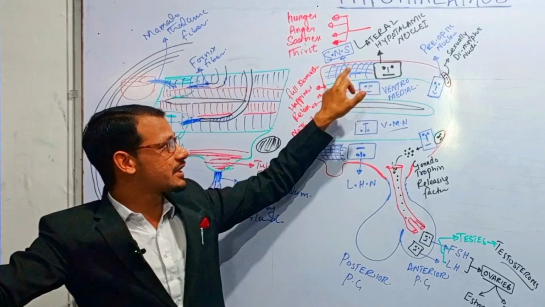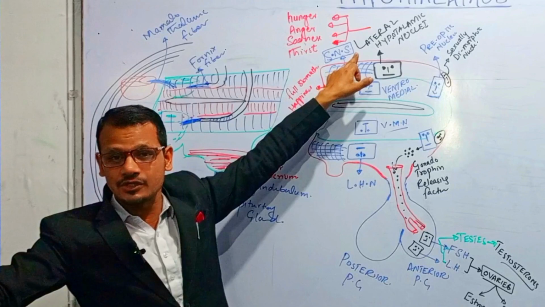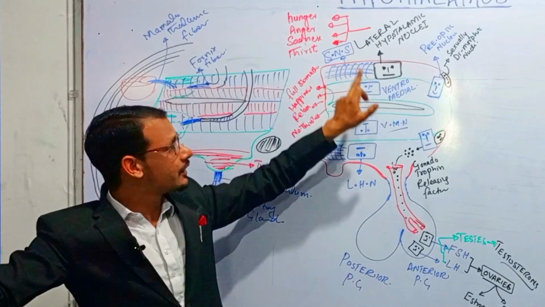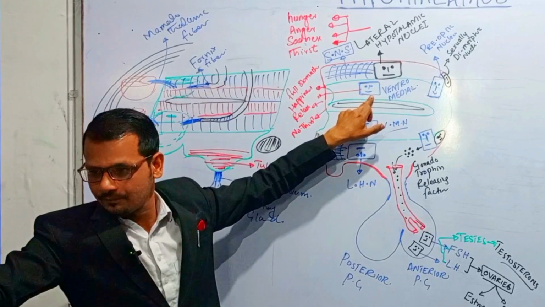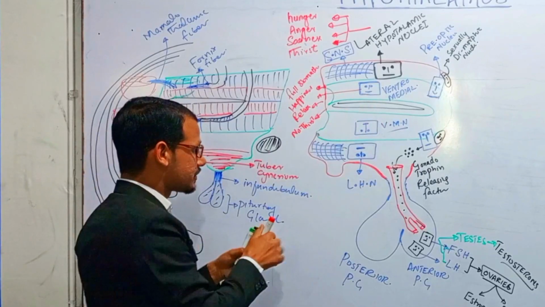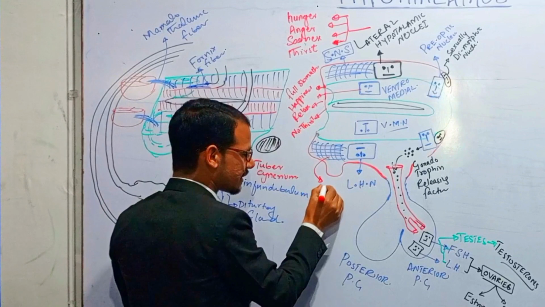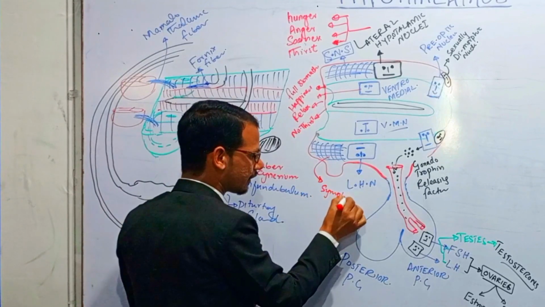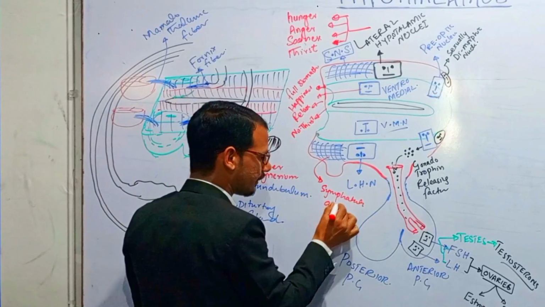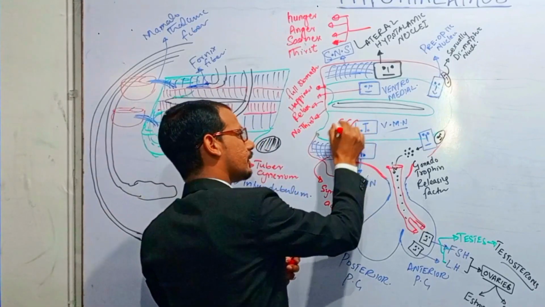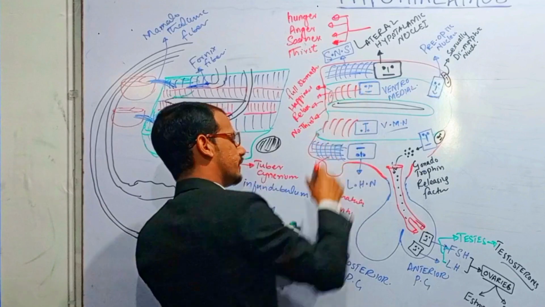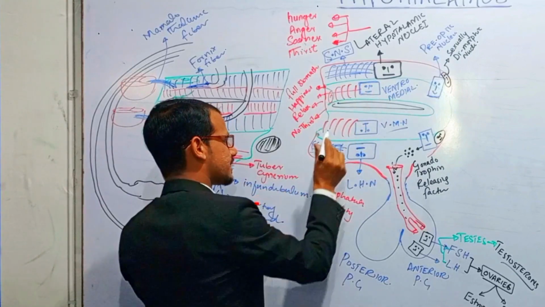Also these nuclei are responsible for the sympathetic nervous system, and the opposite nuclei controls the parasympathetic activity, right?